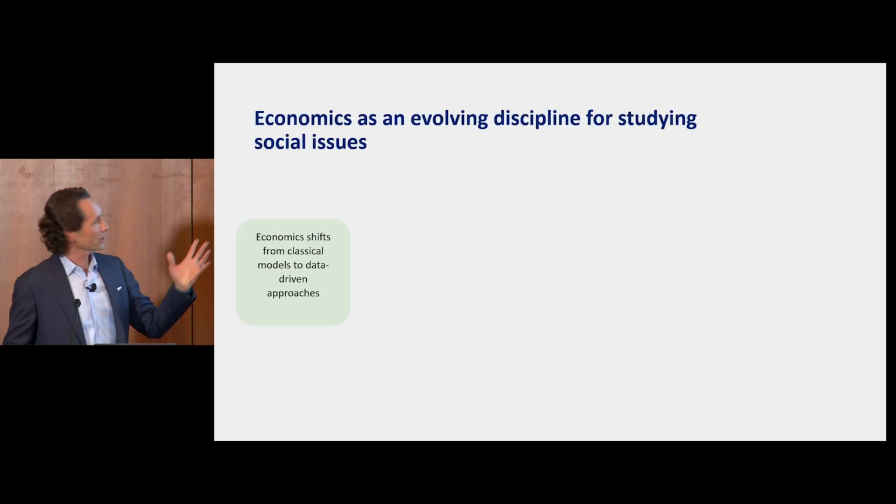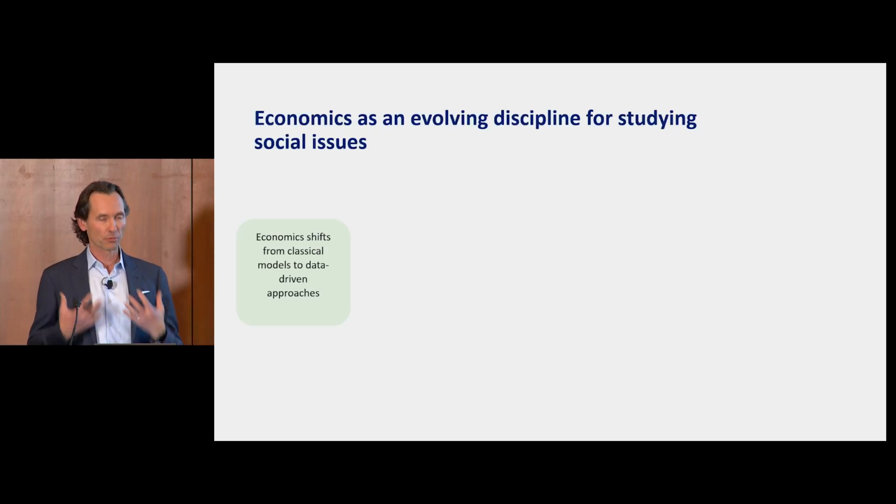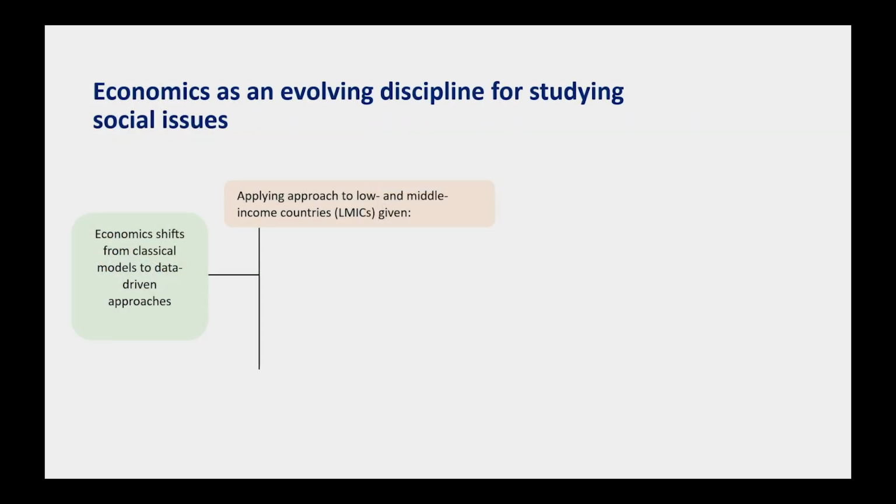So economics started with this theoretical orientation, but it was changing. When I started grad school in the mid-1990s, it was becoming data-driven, but we still faced a lot of challenges in doing that kind of data-driven, evidence-oriented research in low and middle-income countries, like in sub-Saharan Africa. First of all, there was a lack of data.